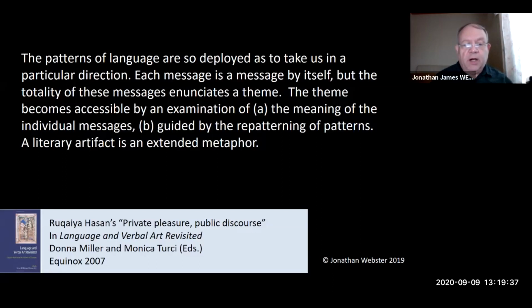A literary artifact is an extended metaphor. How is the metaphor created? The metaphor is created by basically creating a pattern, a direction in which the way the language is being constructed, and then at certain points, breaking that pattern, deviating from that pattern.